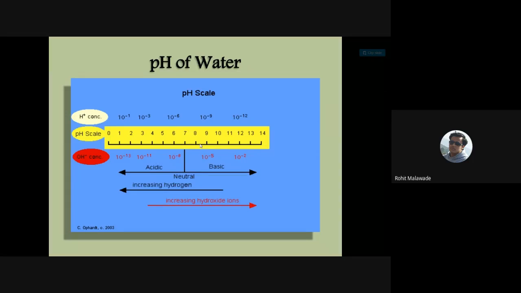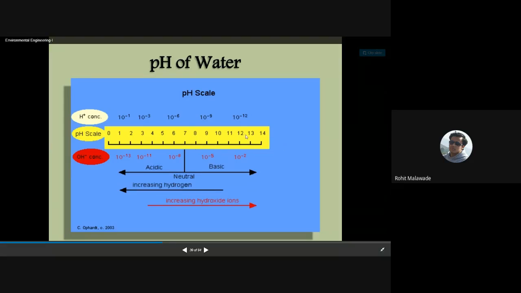All these are bases. A solution whose pH lies above 7 and up to 14, we call a strong base. From 7 to 14, we call it a strong base, right? At 14, it is a strong base.